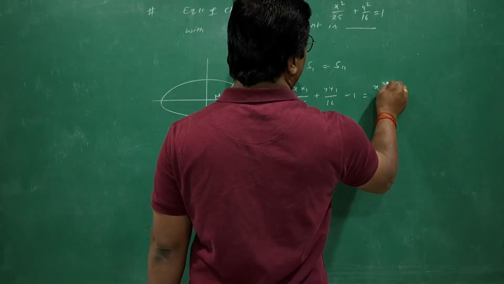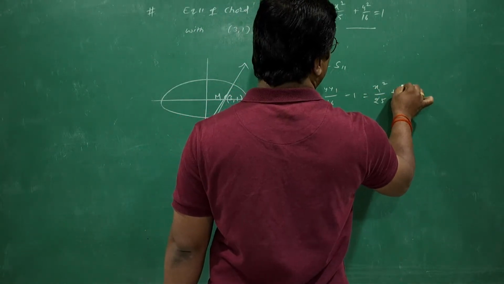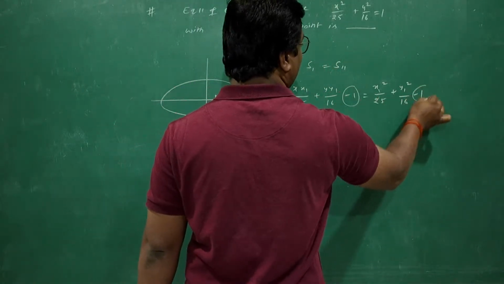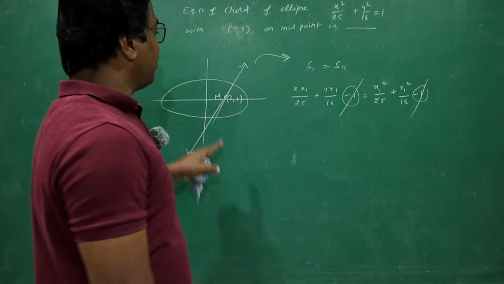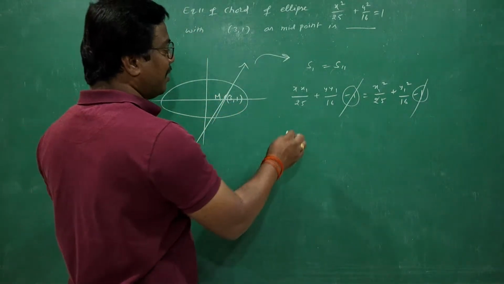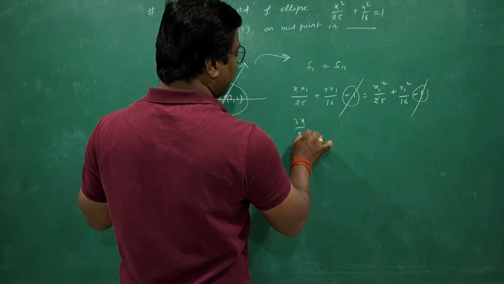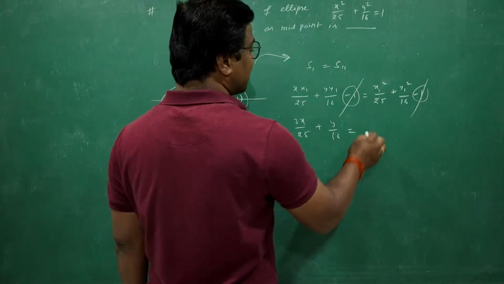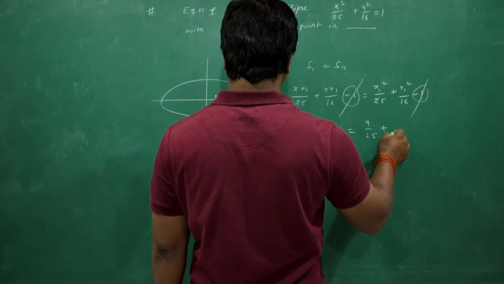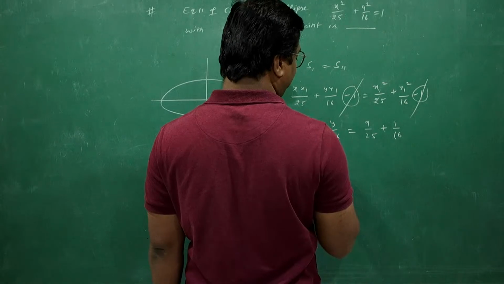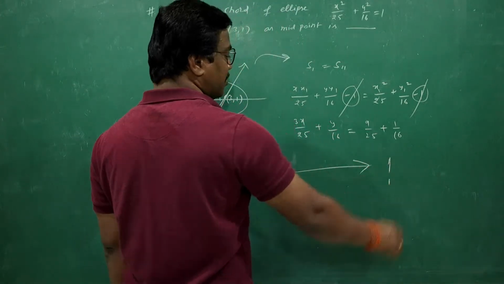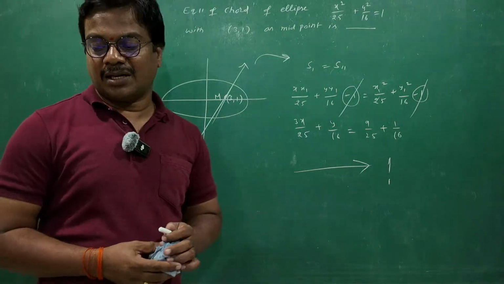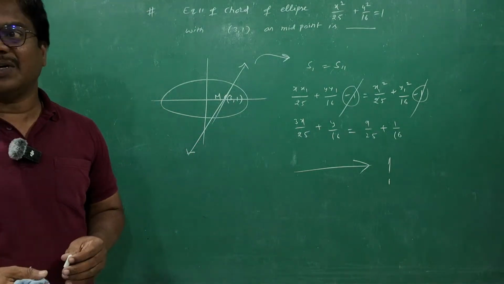S11 nothing but x1 square by 25 plus y1 square by 16 minus 1. Neglecting minus 1 on both the sides and substituting the point x1 y1 as 3, 1, you will get 3x by 25 plus 1y by 16 equal to x1 square nothing but 9 by 25, y1 square by 16, 1 by 16. Simplify this, it gives the equation of curve with given middle point 3, 1. Nothing is there. Just use the formula S1 equal to S11, that's all.